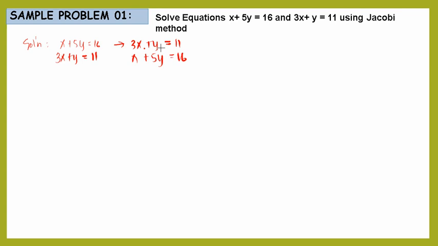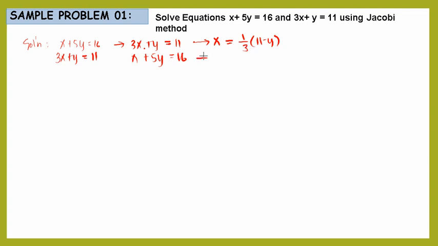From this system, in equation 1 we can get the variable x if we manipulate the equation: x is equal to 1/3 of 11 minus y.